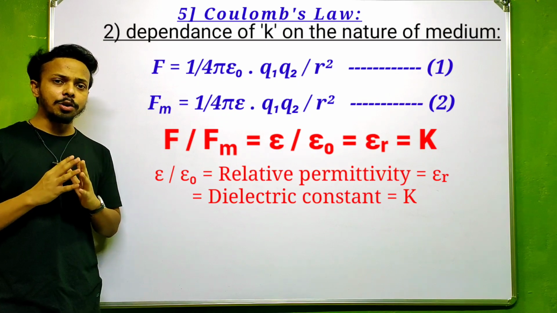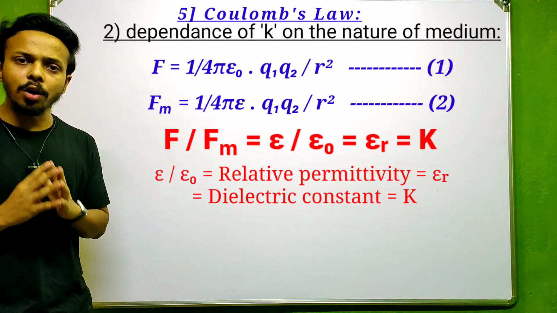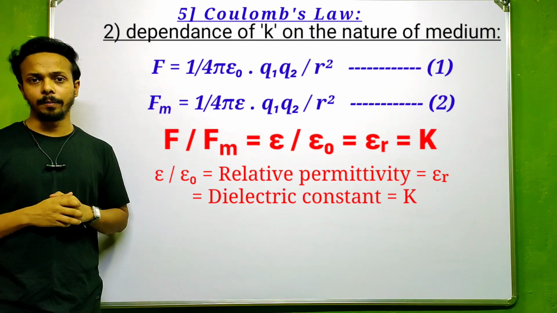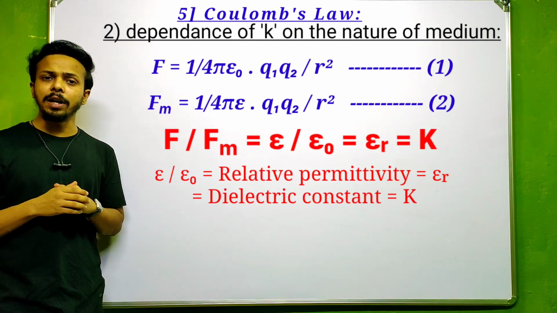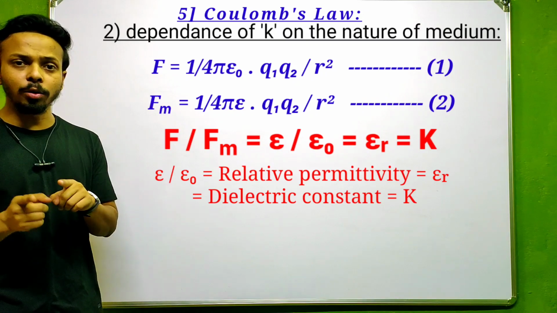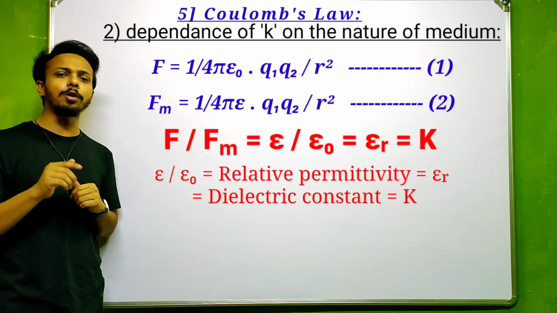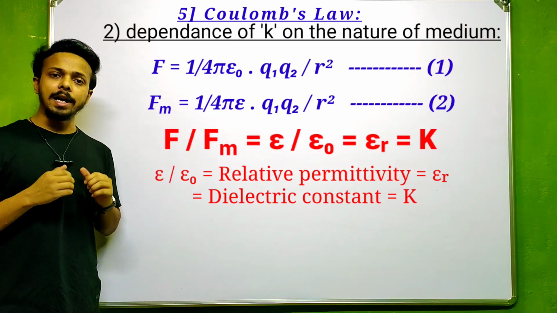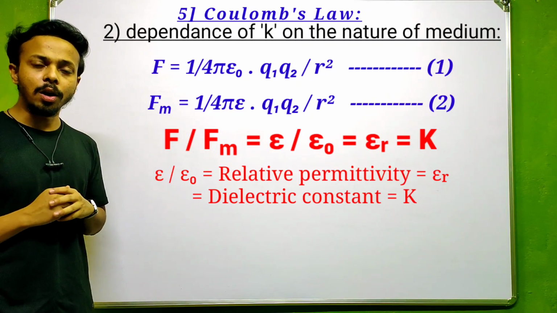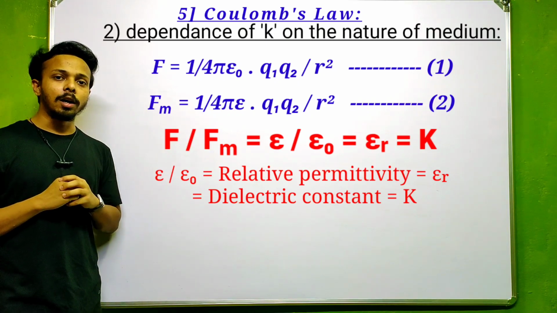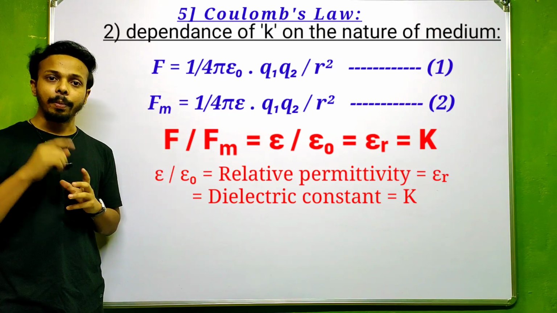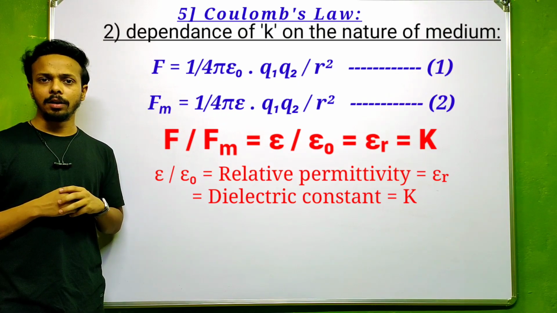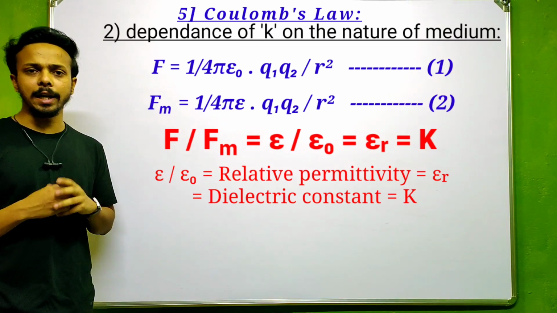And this ratio, epsilon divided by epsilon naught, is known as relative permittivity, meaning the permittivity of one medium with respect to air or vacuum. This ratio is represented by epsilon r, known as relative permittivity. So epsilon r is equal to epsilon divided by epsilon naught.